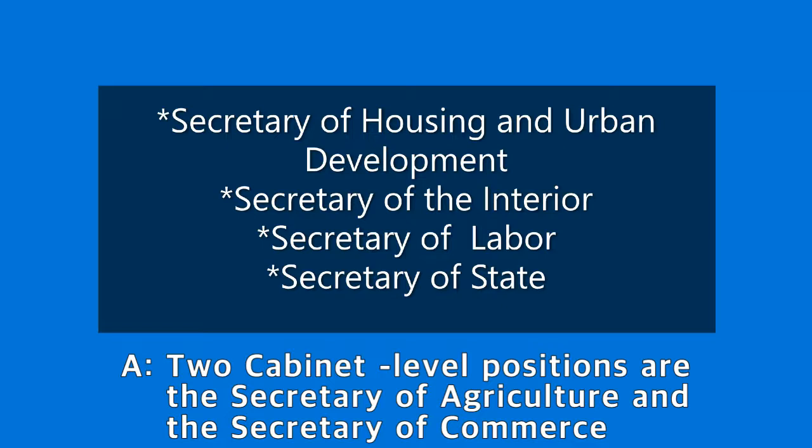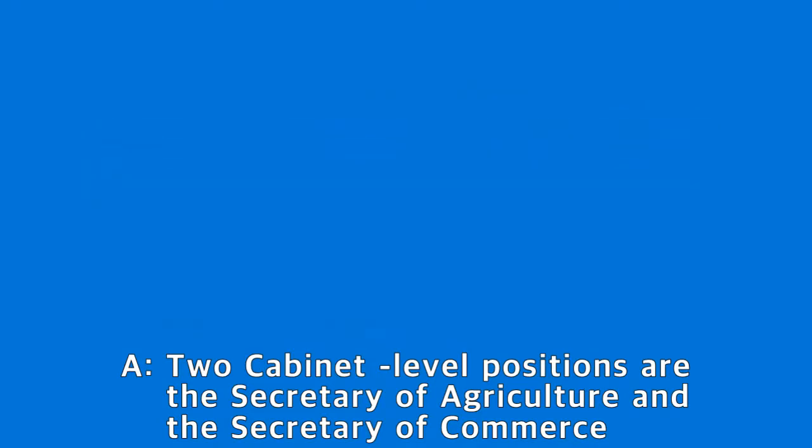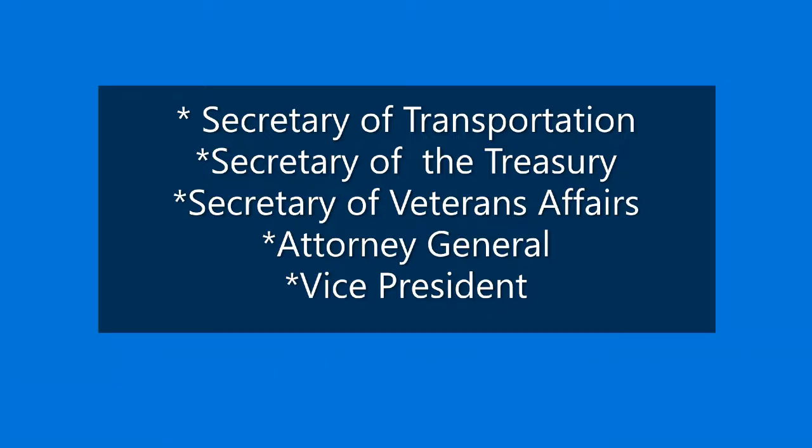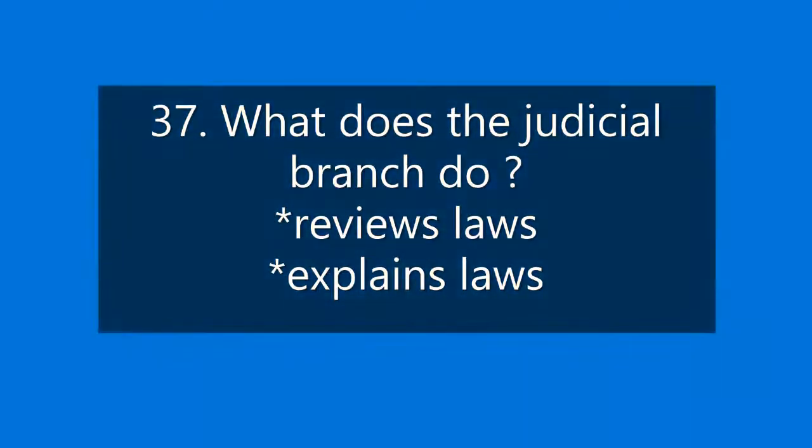And in this screen, you should say two cabinet-level positions are the Secretary of the Interior and the Secretary of Labor. Another example here in this screen, the two cabinet-level positions are the Secretary of Transportation and the Secretary of the Treasury.